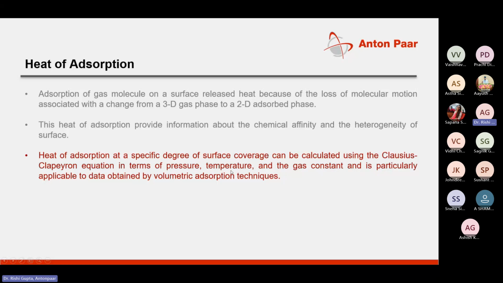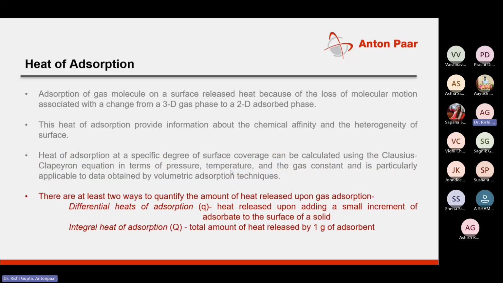Had it been a dedicated chemisorption unit, you would not have the pressure readings, as they don't have pressure transducers. But since you have a hybrid unit which can perform both chemisorption and physisorption, you can get the pressure readings also, which helps in determining the heat of adsorption. Heat of adsorption can be of two types: you can calculate the differential heat of adsorption, and the integral heat of adsorption as well.